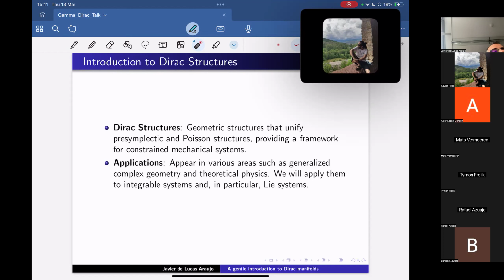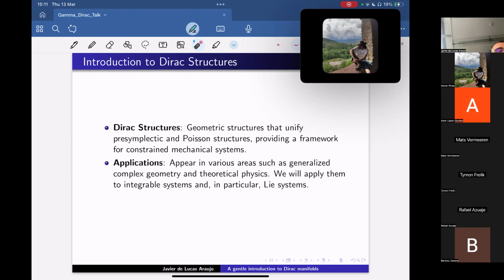Indeed, you can find Dirac structures describing non-holonomic mechanical systems. You can use Dirac structures to describe integrable systems, as I will do in a while. You can use Dirac structures to do a lot of things. So it's by itself a very interesting topic.